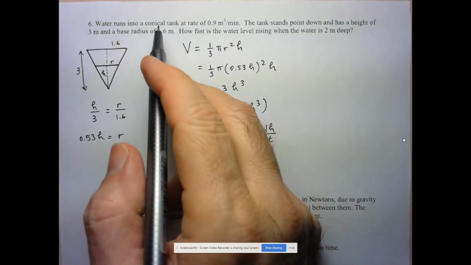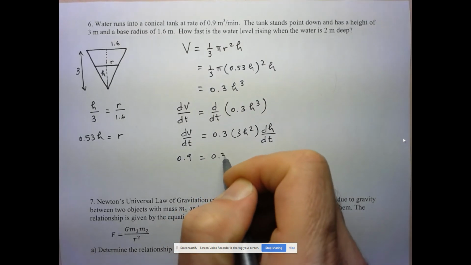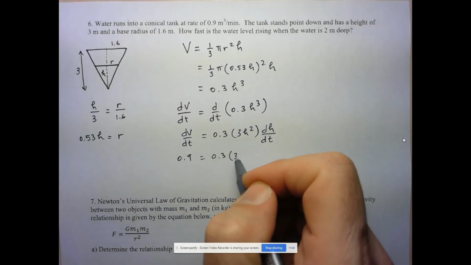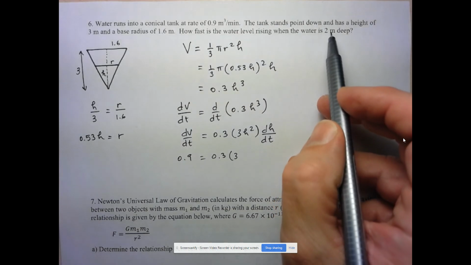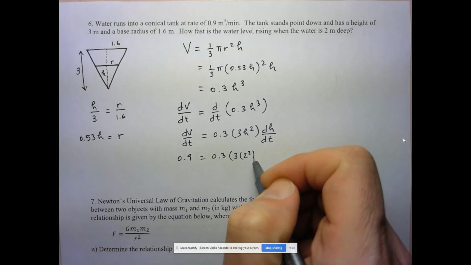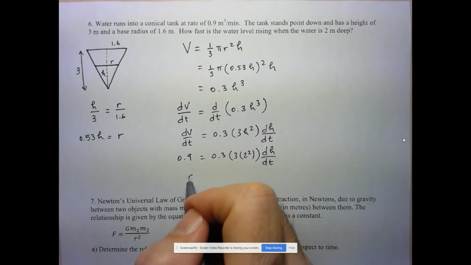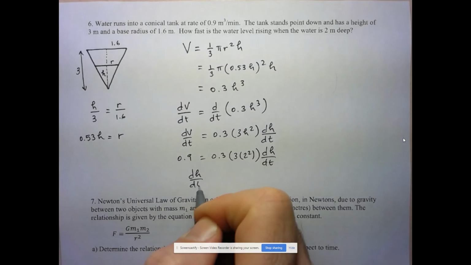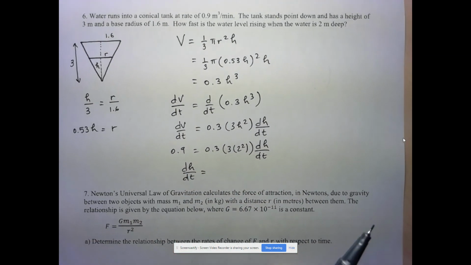But here the volume is increasing, so we just have 0.9 equals 0.3 times 3h squared times dh/dt. And the moment in time we're interested in is when the water level is exactly 2 meters deep. So there was a reason why they gave us that piece of information. Now I can just solve for dh/dt, and it should be positive since the water level is rising.